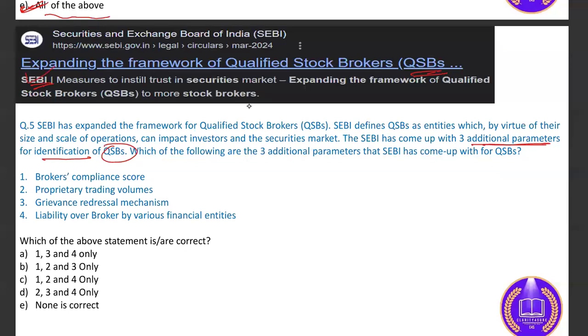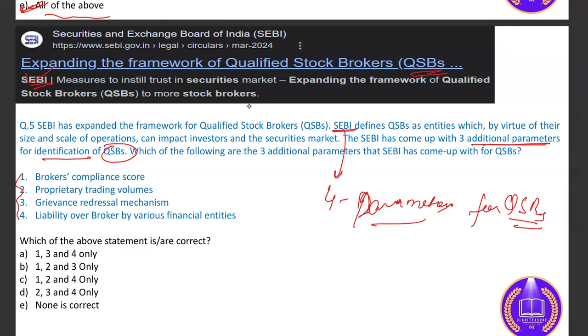You need to point out which of these 4 statements is not in the combination of those 3 additional parameters. Earlier SEBI had 4 parameters for QSBs. The first one, brokers' compliance score.